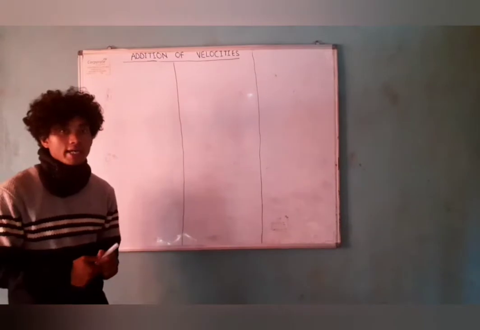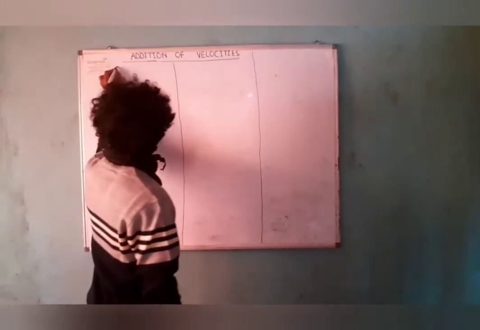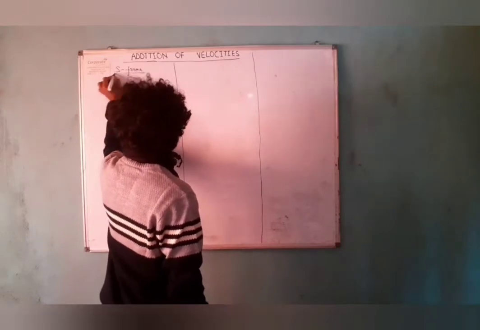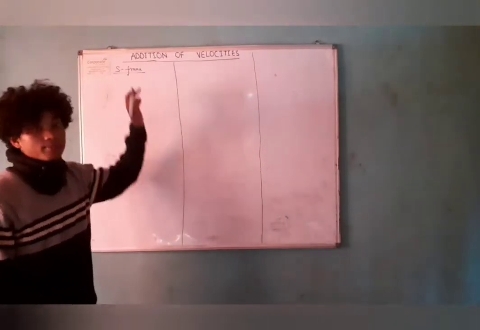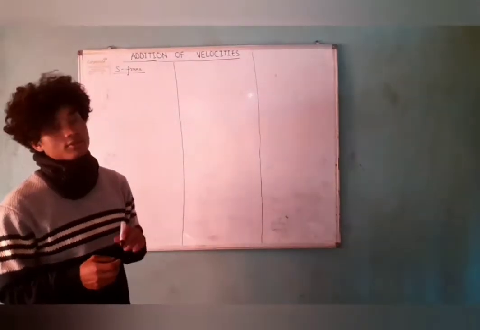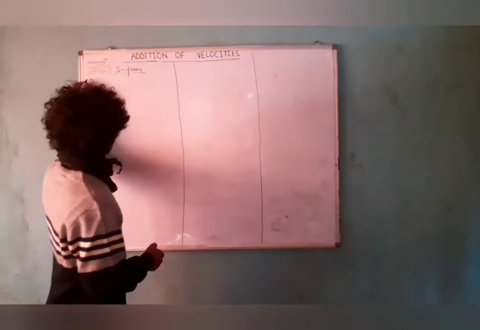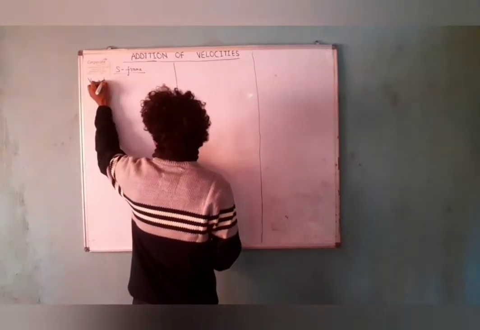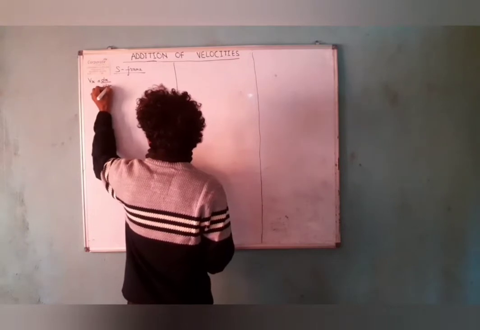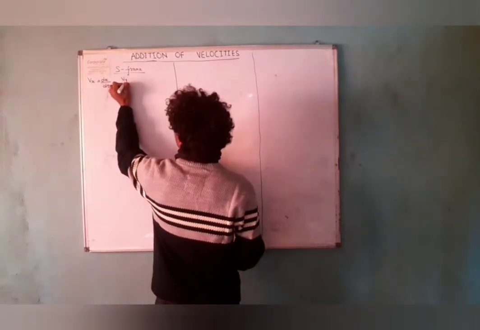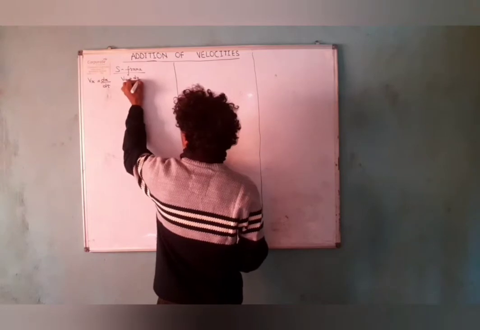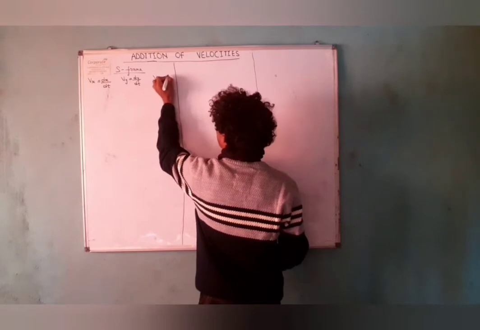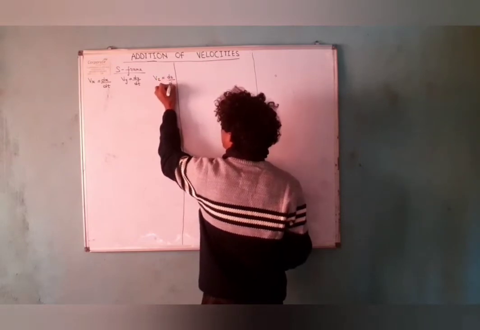So now for S frame, the rate of change of x with respect to time is Vx equals dx by dt, and Vy equals dy by dt, and Vz equals dz by dt.